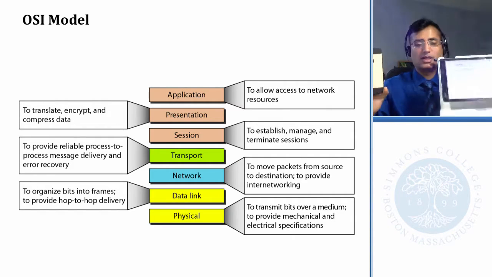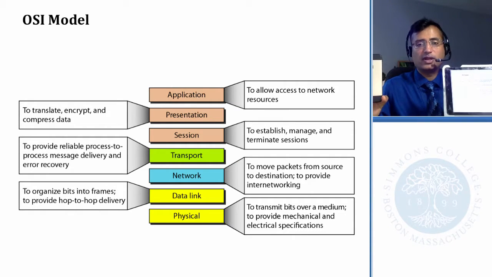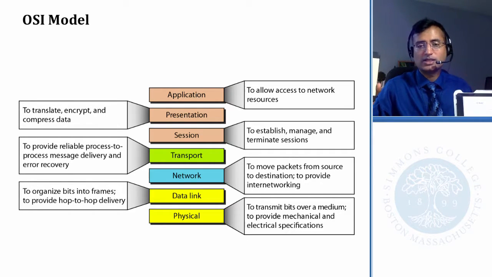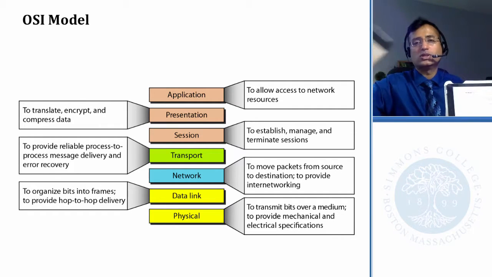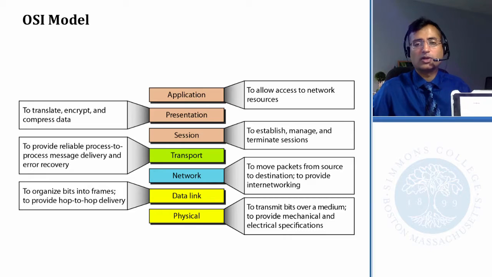Each of these devices would have these 7 layers implemented ideally. This is a theoretical model, so it doesn't exist in practice. There are other protocols, but you can imagine it this way, that this one has these 7 layers and this one has these 7 layers as well, and all the nodes on a network also have these 7 layers implemented.